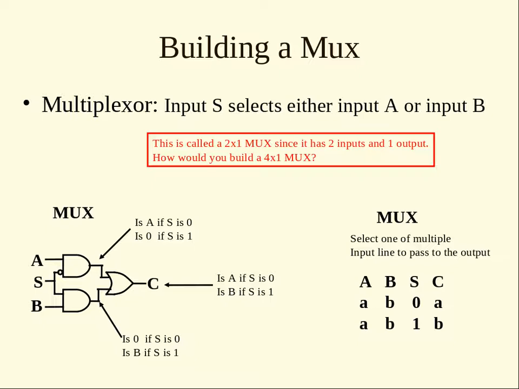A, B, C, D, 0, 0. What's the output? We need to be selecting A. A, B, C, D, 0, 1. The output needs to be B. Because this selects the first one, A. This selects the second one, B. That needs to be C.